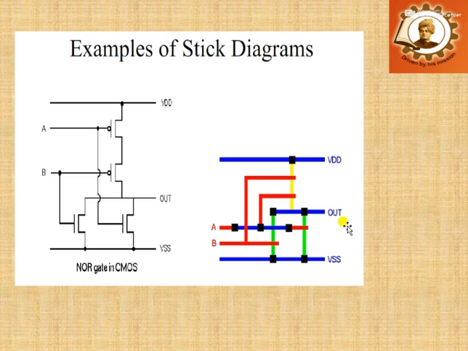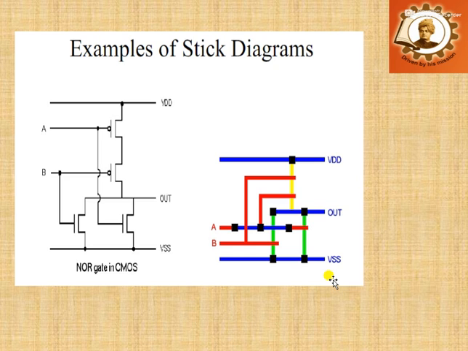Here we are representing our VDD line for the metal contact, represented by blue color, and similarly ground is also represented by metal, so that is also represented by blue color.